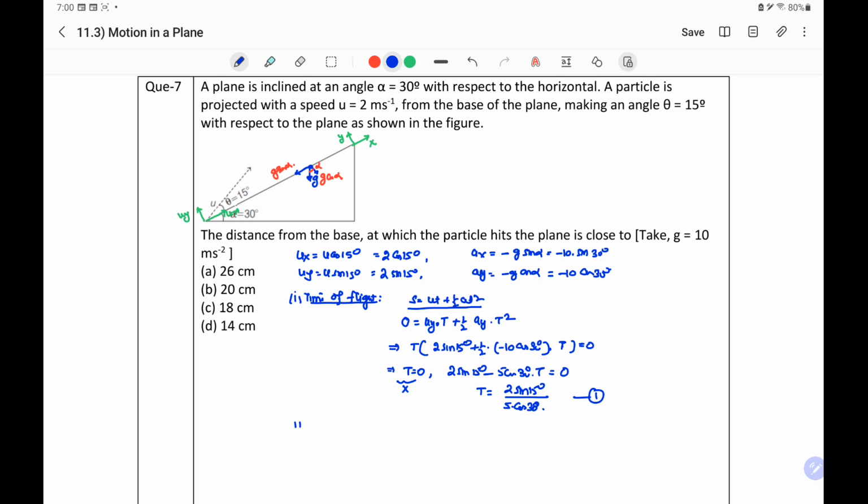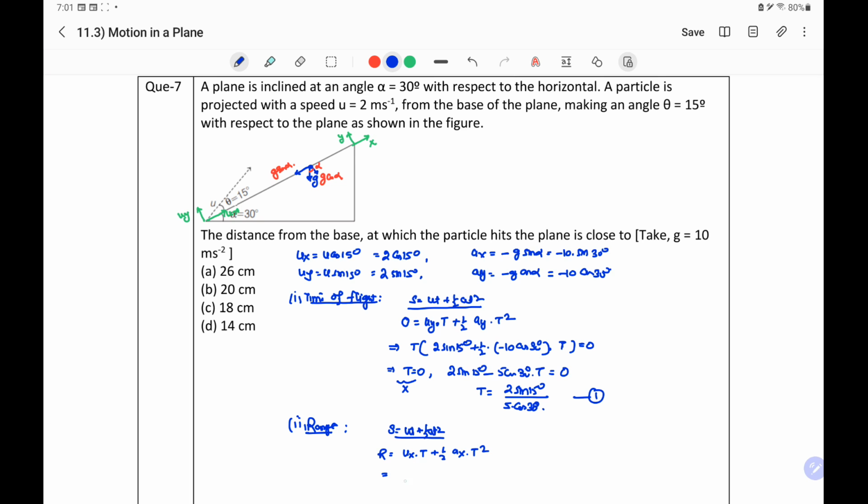Now to find the range. Range can be calculated again with the equation of motion s equal to ut plus half at square. To find the range, we will use the x-axis motion, and it will be given by range R equal to horizontal speed ux into flight time t plus half into acceleration along x-axis into t square.